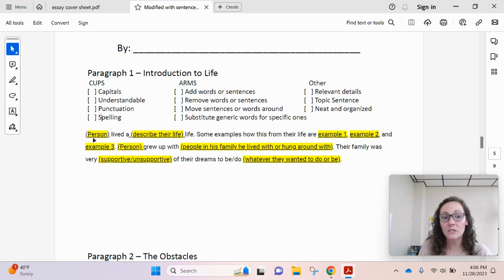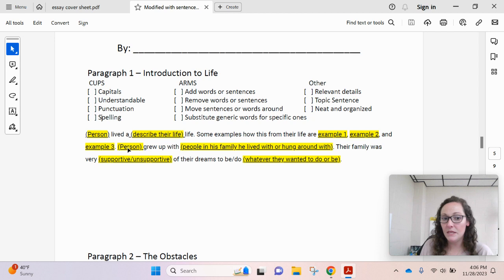So where it says person, this is the name of the person you are doing your research paper on. Lived in, describe their life. What about their life? Some examples of this from their life are, and then you give 3 different examples.